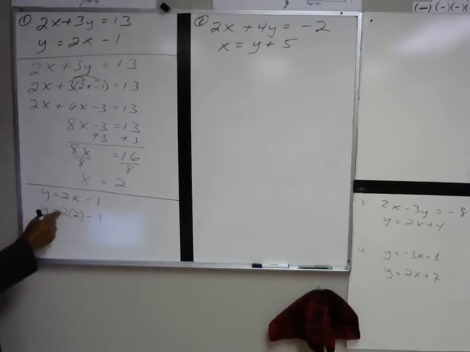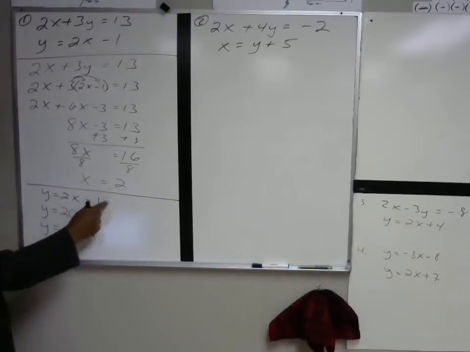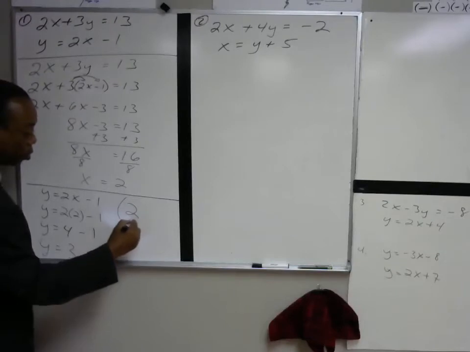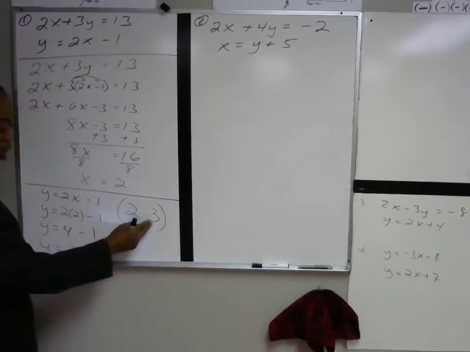So this becomes 2 times 2 minus 1, which is 4 minus 1. And 4 minus 1 is 3. So we have that x is 2 and y is 3. We're going to write that as a coordinate 2, 3, which again means x is 2 and y is 3.